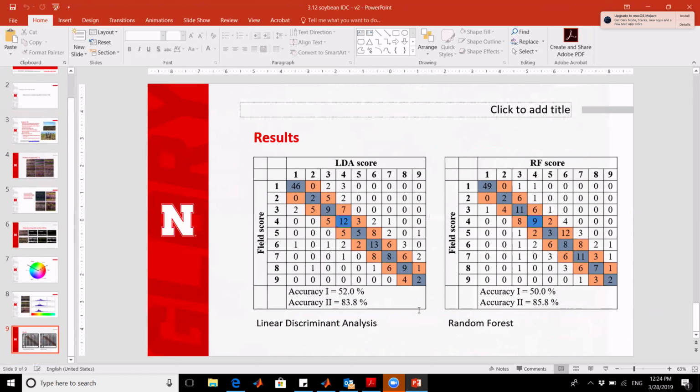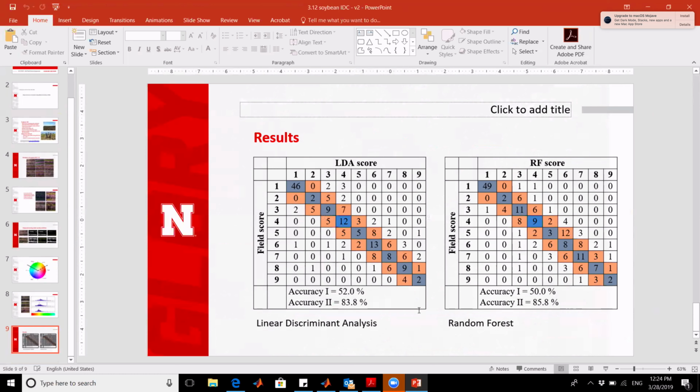So we want to relax this a little bit and say, well, maybe if we consider all those orange cells, to calculate what the accuracy looks like from there, and we get 83% and 85% accuracy.